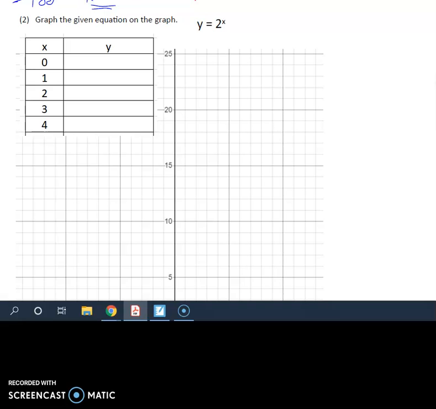Some graphing. I mentioned this in the last handout. I started at 0 and moved up from there. I did spend time graphing to the left of the y-axis. And the reason why is I want you to think about, as you're doing these problems, what the graph should look like to the left or to the right of the y-axis if you were to continue, either if I gave you all negatives or all positives.